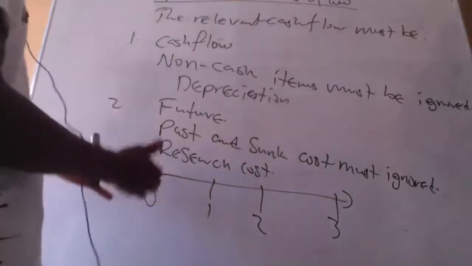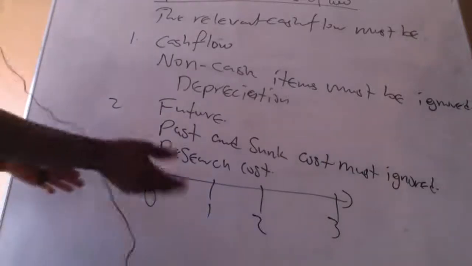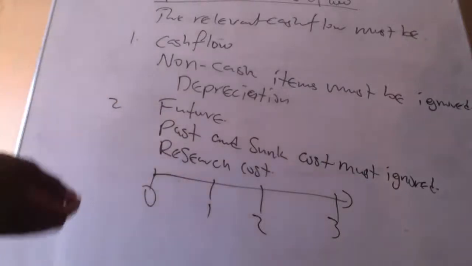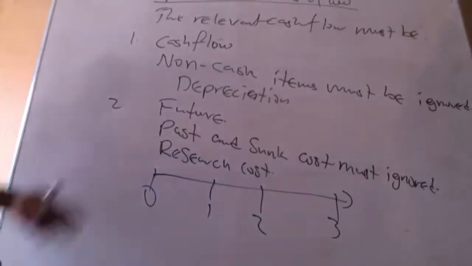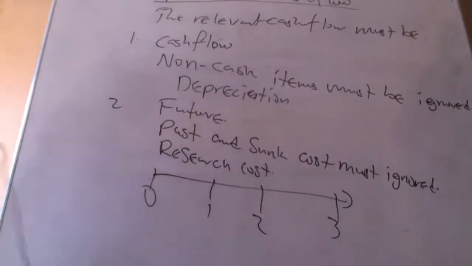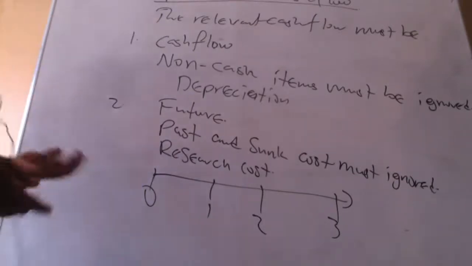And then before you calculate the NPV, such cost should not be included, because whether you reject the project or you accept the project, you have already incurred it. Good. So such cost, we call it committed cost. You've committed yourself. Whether you finish it or not, you've already paid it. So such cost should be ignored.